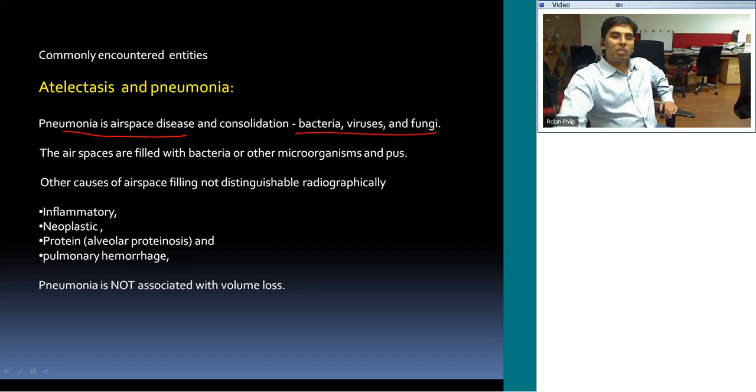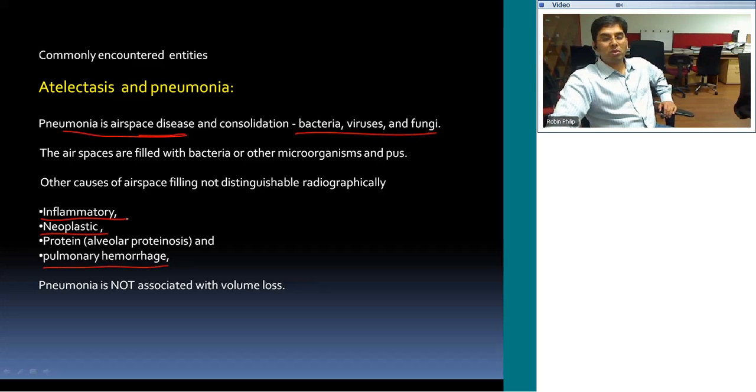And the other, this you cannot differentiate. Say you find an ill-defined opacity or airspace opacity in the lung. It could be because of a pneumonia, or it can be because of a neoplastic process, or even pulmonary hemorrhage, and may look like an inflammatory process.